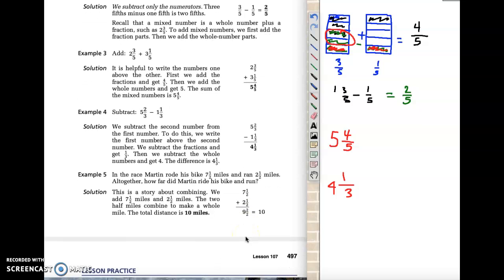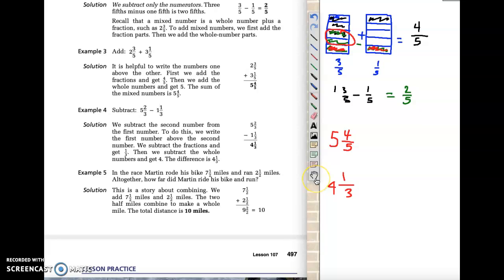All right, let's look at example 5. It says in the race, Martin rode his bike 7 1/2 miles and ran 2 1/2 miles. Altogether, how far did Martin ride his bike and run? Well, we're going to add these because we're looking for altogether, which represents a sum total. So we have 7 1/2 right here and 2 1/2. First we recognize that we have the same denominator, so we just add our numerators. 1 plus 1 is 2.